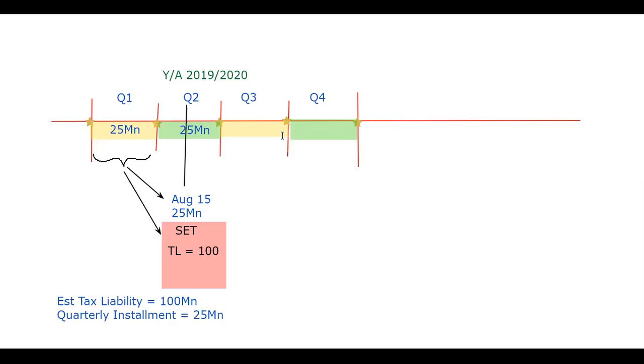You were an export-oriented company, so your income has significantly reduced. Then what you need to do is adjust that.